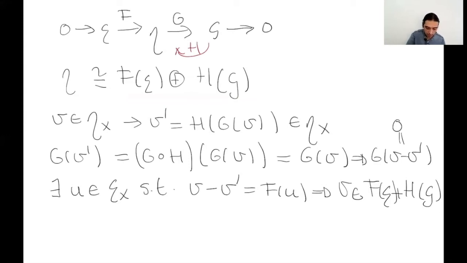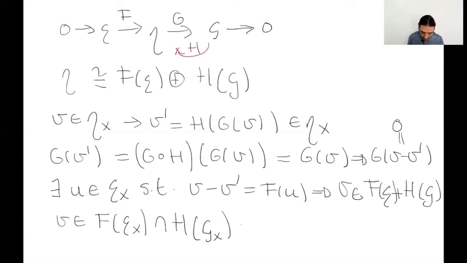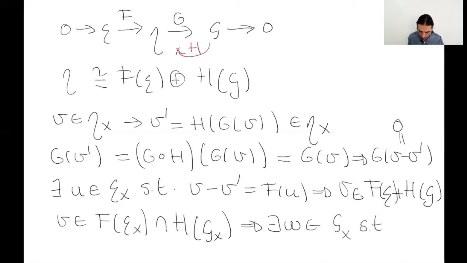And we can see that this sum is direct. For instance, if we have a vector b that belongs to the image of psi x and the image of H, what we get is that there exists a vector w in theta x such that b is equal to H of w, right?